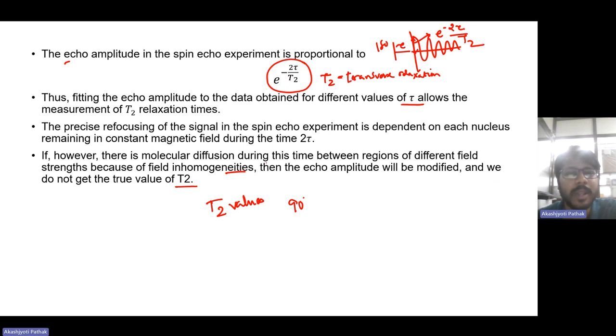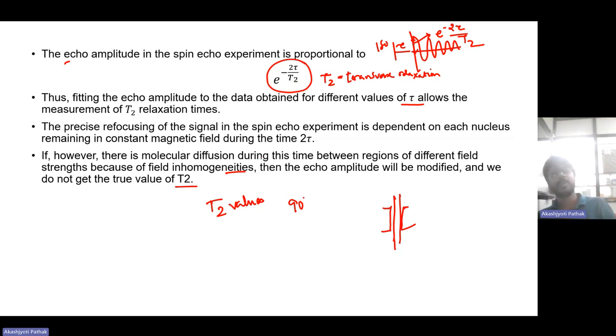If there is molecular diffusion during this time between regions of different field strength, this is our sample, and the magnetic field is not homogeneous, because of the difference in magnetic field in different regions this will affect the T2 value, and hence the echo amplitude will start decreasing with time.